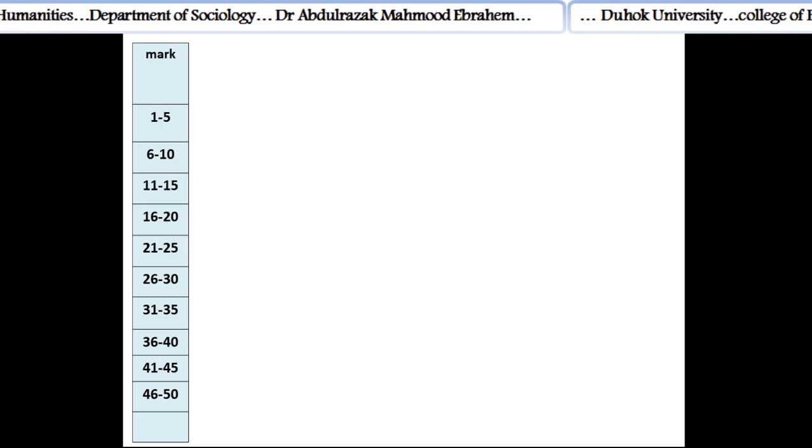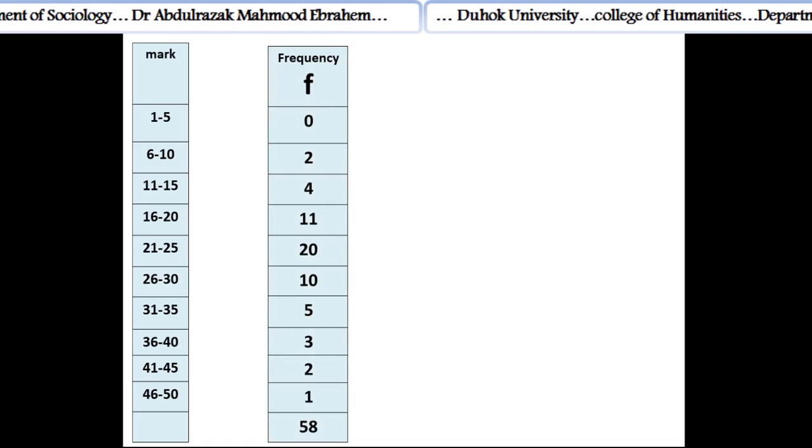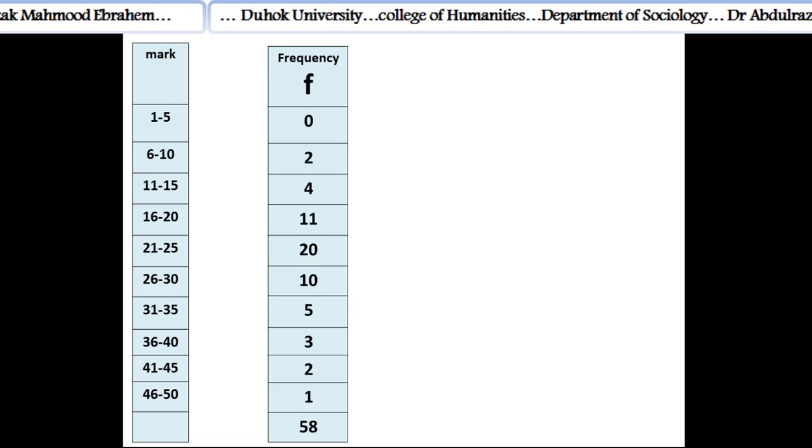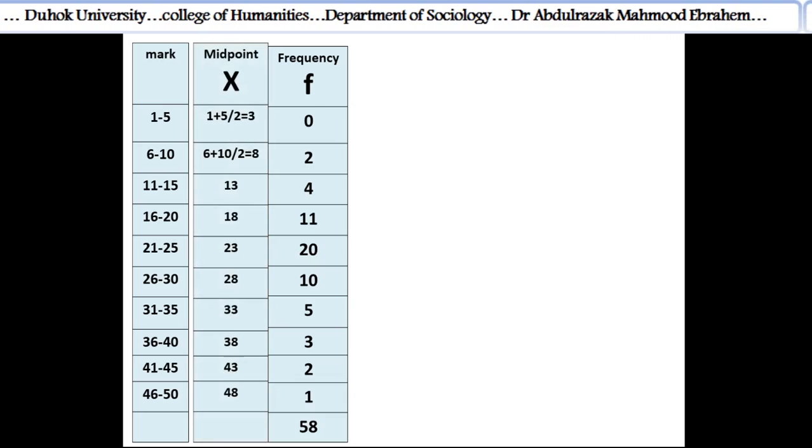Take the marks from the first table and the frequency also from the first table. We must make a new table like this.